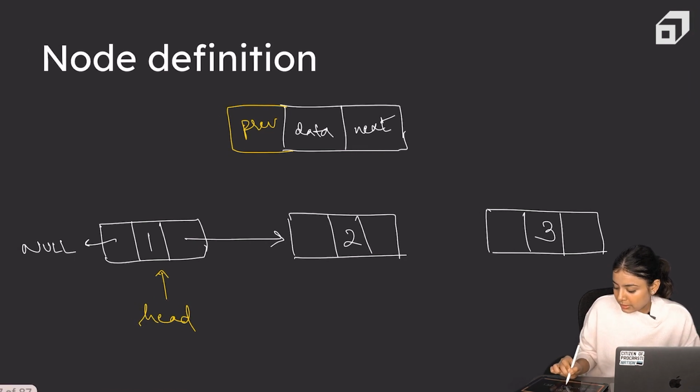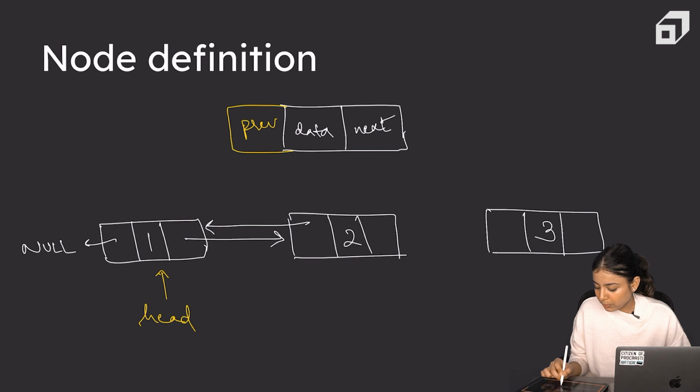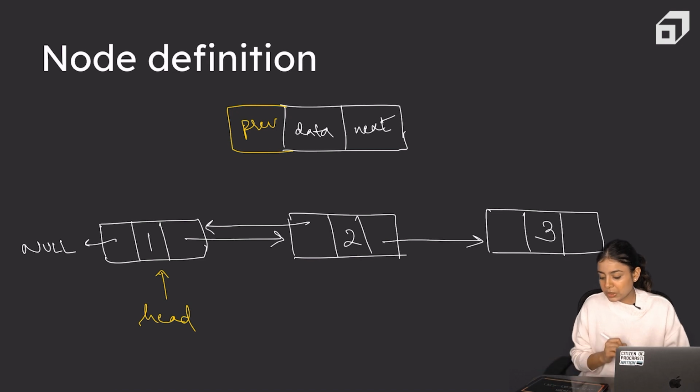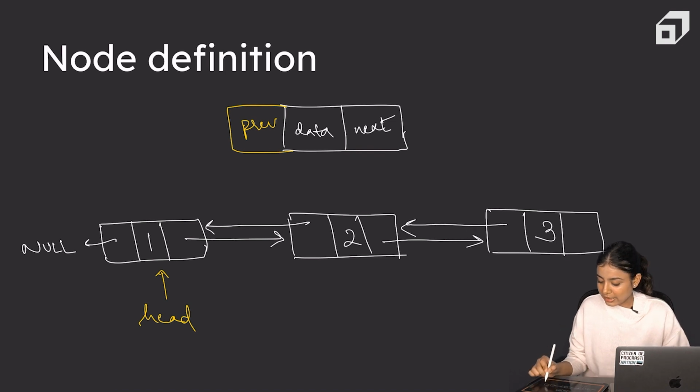Again, in the second node, the previous would be pointing to the first node, and the next would be pointing to the third node. For the third node, the previous would be pointing to the second node, and the next would be pointing to null.